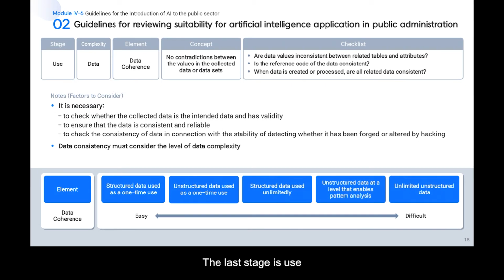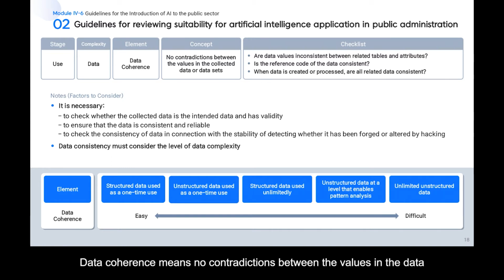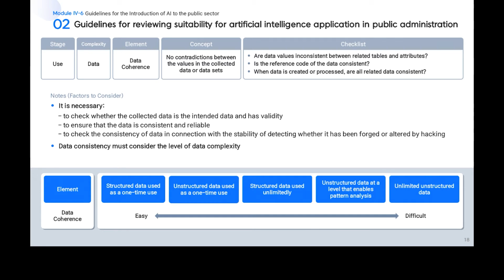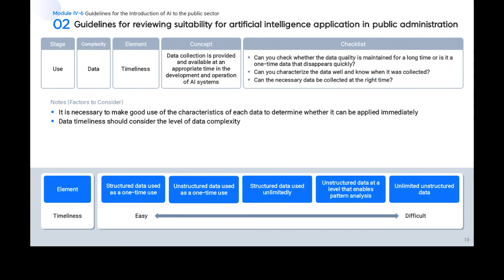The last stage is use. In the stage of use, there are 9 elements. Data coherence means no contradictions between the values in the data. Timeliness means data is available at an appropriate time.